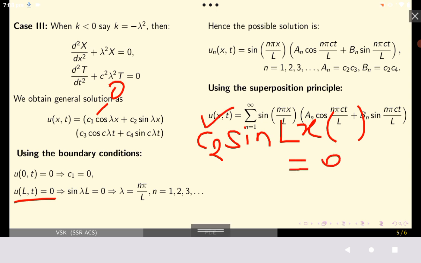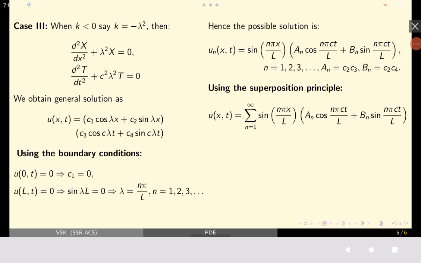Because if C1 and C2 are both 0, we'll again get the trivial solution. So we found that sine lambda L should be equal to 0, which is written over here. From this, we get lambda is equal to n pi by L, because when sine is 0, the value is n pi by L.